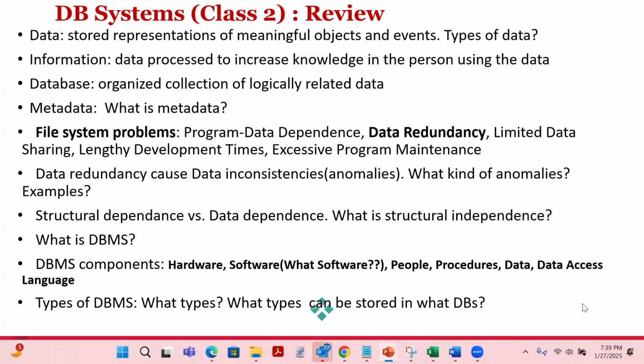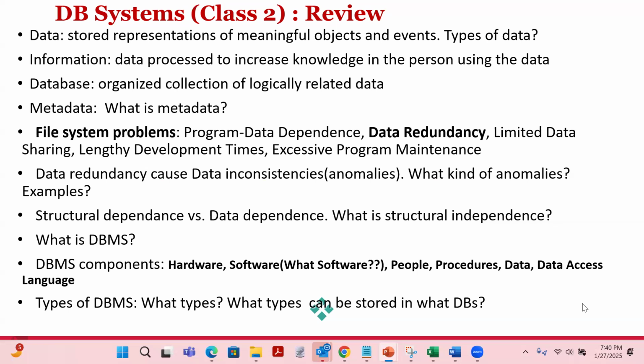When we talked about data redundancy, we talked a little bit about different anomalies. Hope you remember those anomalies. Those anomalies are tightly coupled to procedures or to actions that we can make to data in the files.